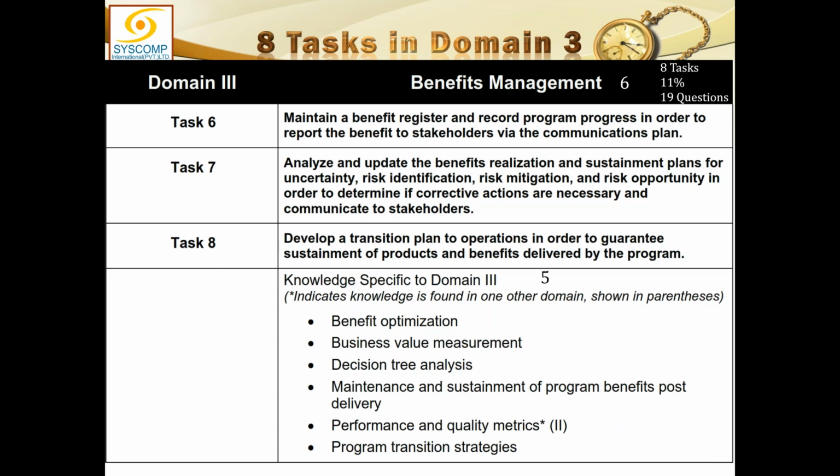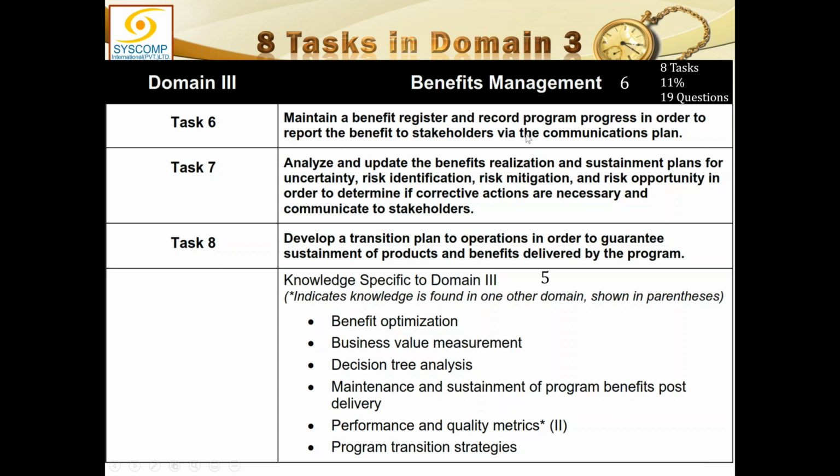Now all the risks in benefit realization and the sustainment plans will be identified and mitigated, along with risk opportunities, in order to determine if corrective actions are necessary. So if any actions are to be taken, those actions would be taken maybe through a contingency or through a change request. But whatever is happening, all stakeholders must be kept abreast. They must be communicated with for all the benefit realization and sustainment plans.